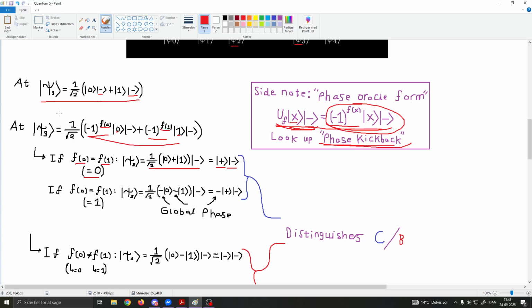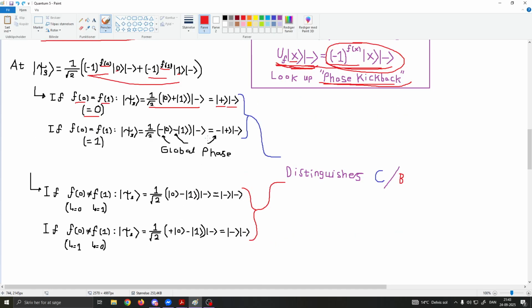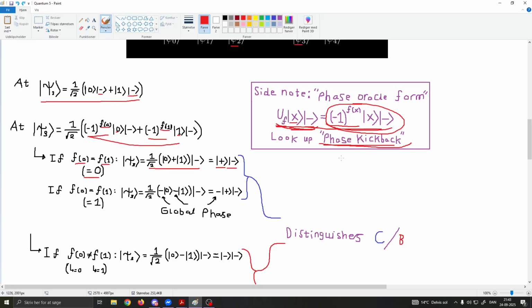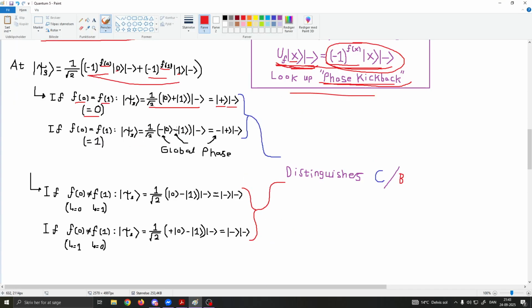Beyond psi3, this won't be in use at all. It's really just there so we can use this equation right here.